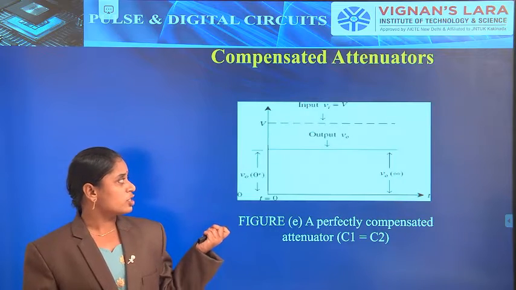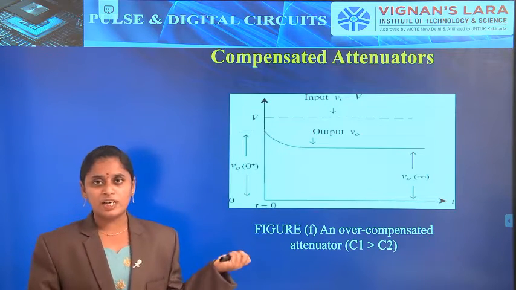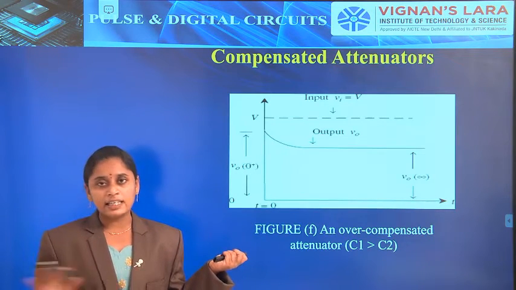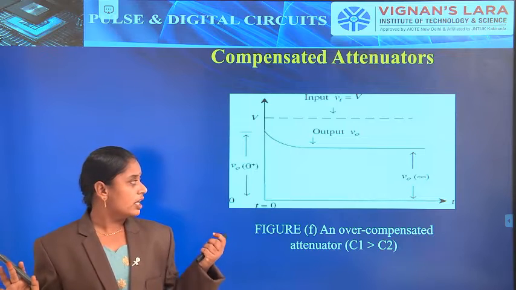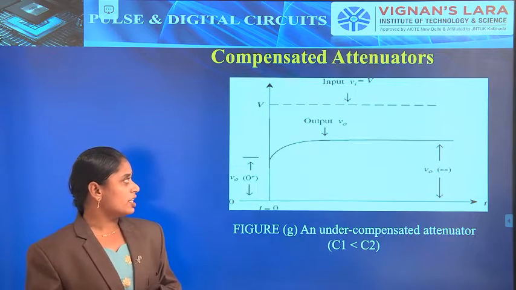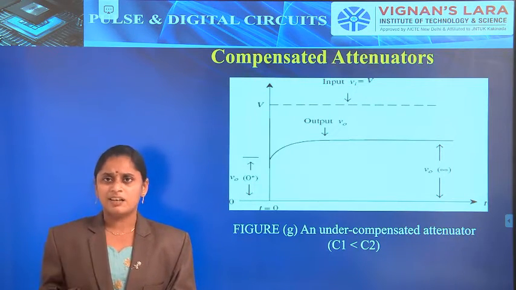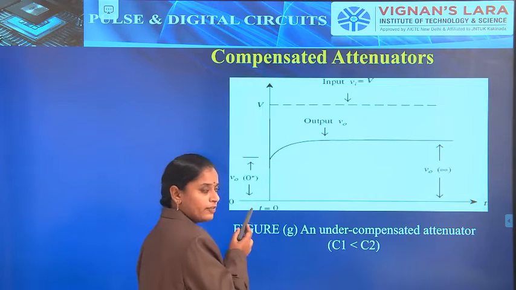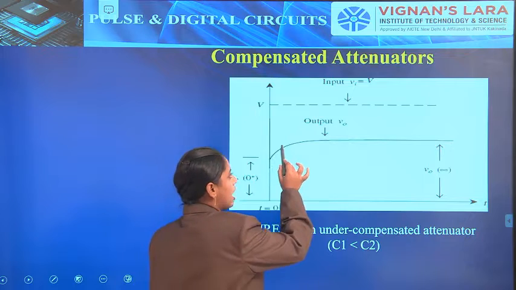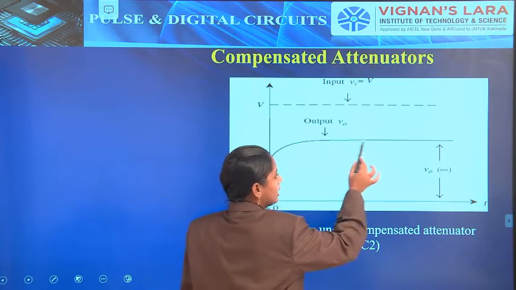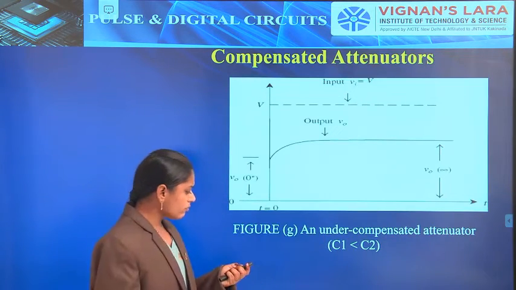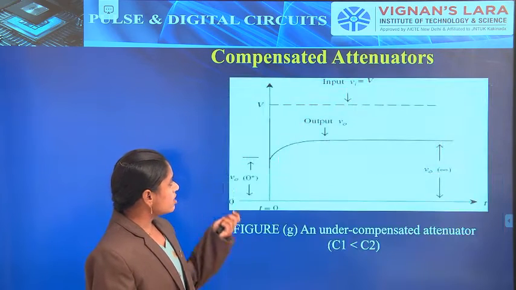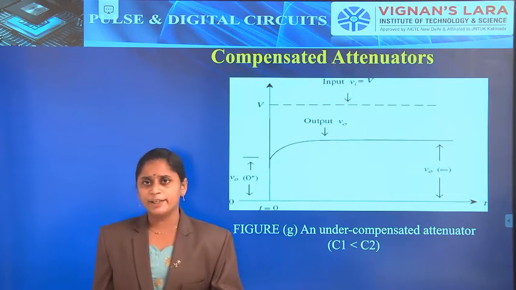Overcompensation decreases exponentially, and after some time it settles down to a particular amplitude level. In undercompensation, the output increases exponentially over a particular interval of time, and after some time it generates the output voltage. So this is about the compensated attenuator.